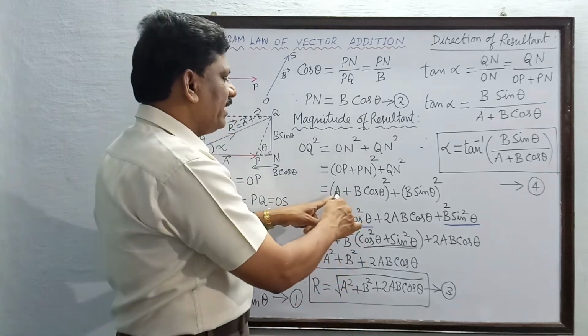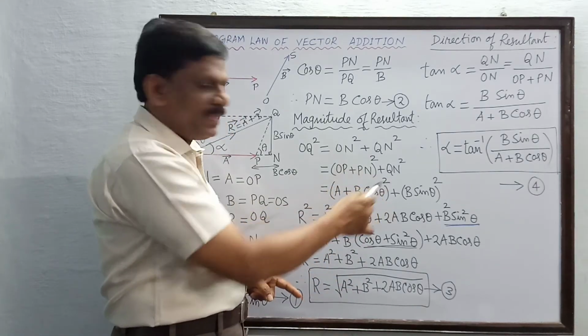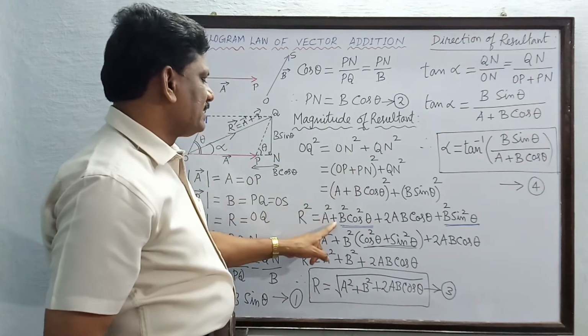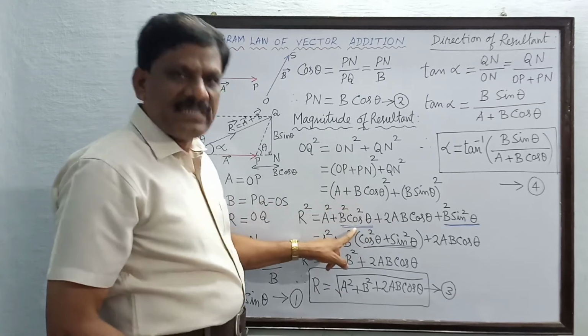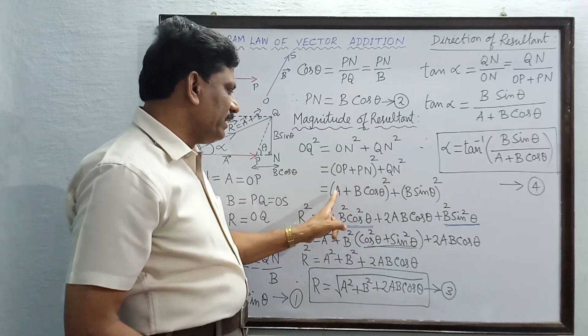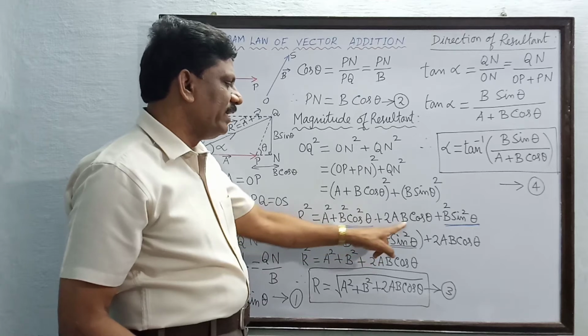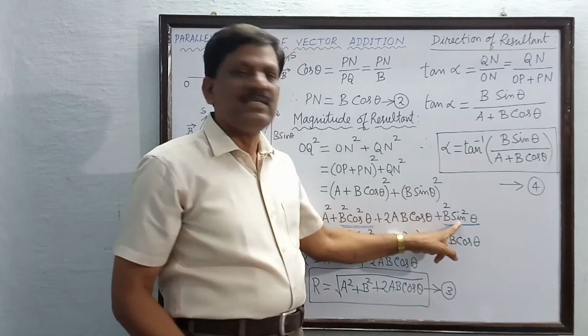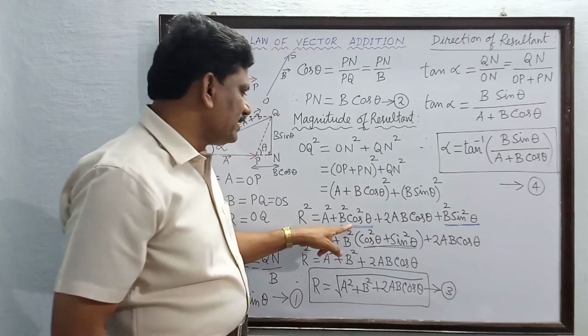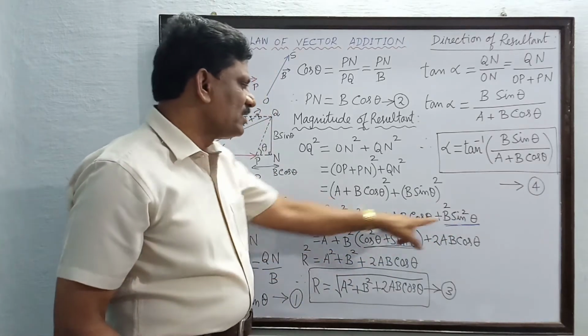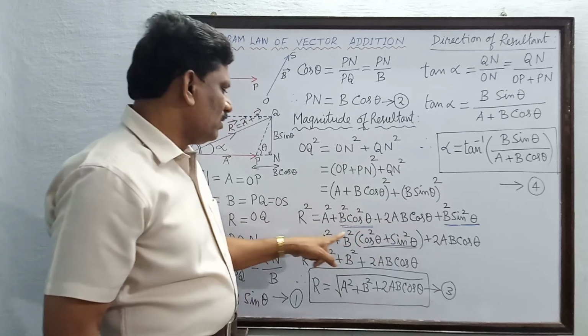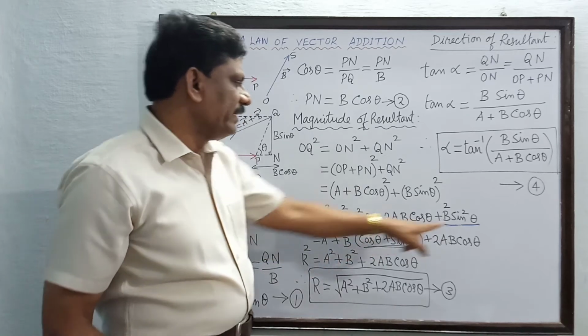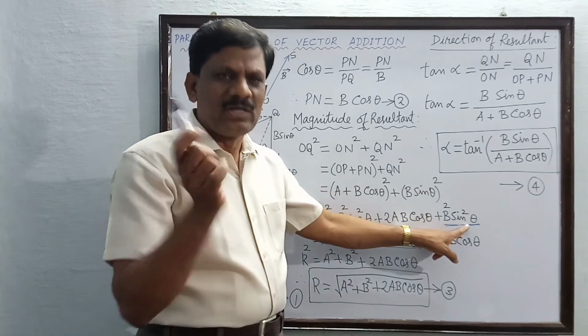Then this is of the form A plus B whole square. So this is A square plus B square cos square theta plus 2 into A into B cos theta, 2AB cos theta, plus this term, B square into sin square theta. Then in these two terms, B square is the common factor. So B square into cos square theta plus sin square theta, that is equal to 1.